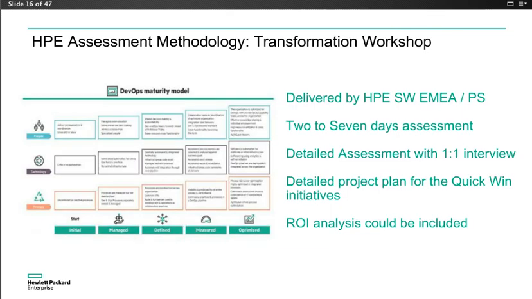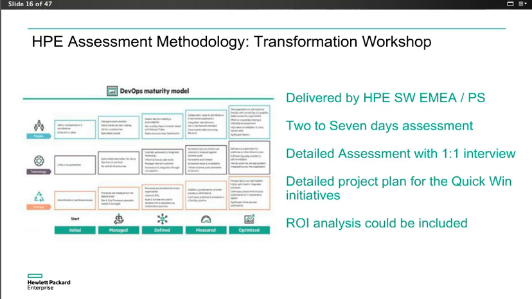Yeah, and the transformation workshop is the deepest analysis and assessment that we do. We focus this workshop on 3 main parts. The first is about people, about their roles and skills.